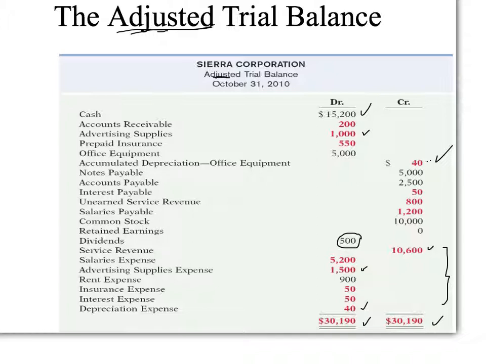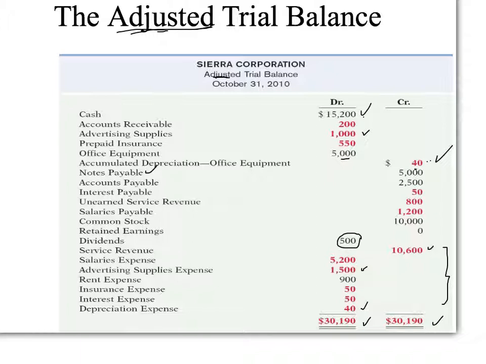Then you have the classified balance sheet. You classify them as current assets. Cash, accounts receivable, advertising supplies, and prepaid insurance are current assets. Office equipment, less accumulated depreciation, are long-term or property, plant, and equipment assets.